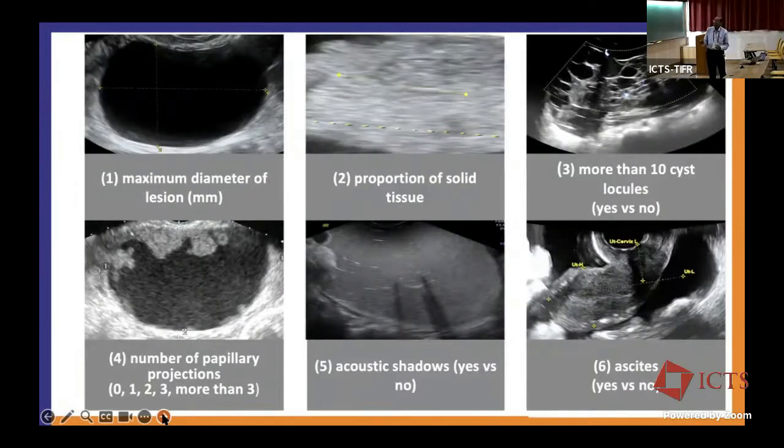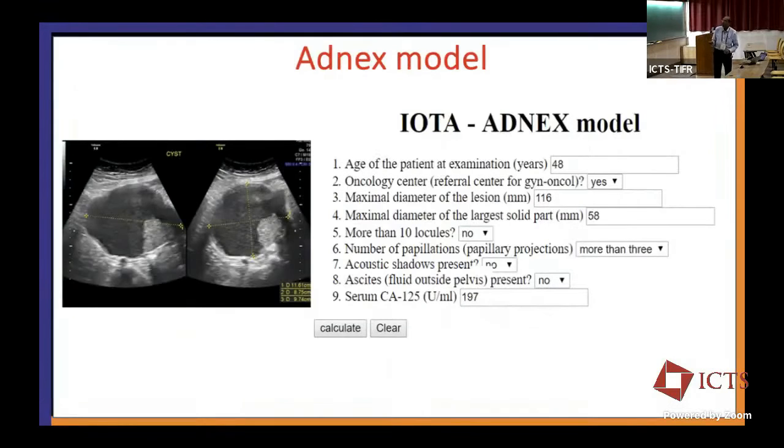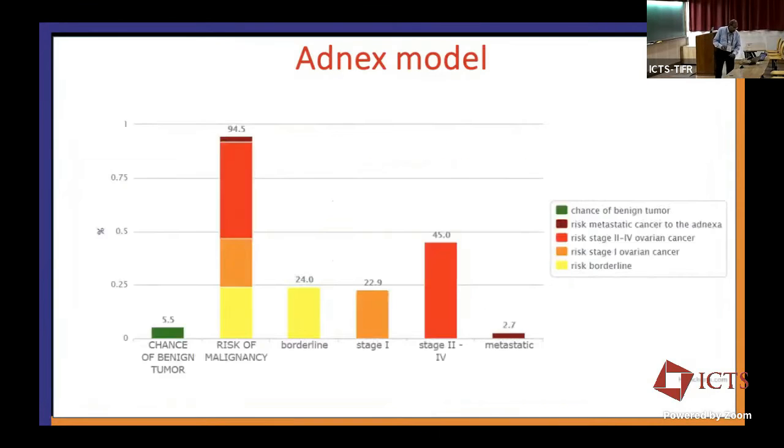These are the 6 ultrasound variables they put in: maximum diameter, proportion of solid tissue, more than 10 cysts, ascites, acoustic shadows, and the number of papillary projections. So if in a case you extract these features and plug them into the system, say yes or no, and just say calculate, it gives you a report like this.